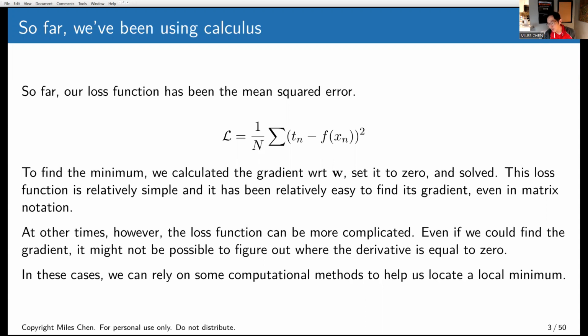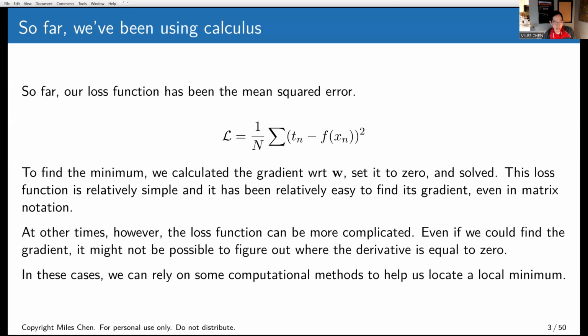So maybe not impossible, but really, really tough. Sometimes it's impossible, sometimes it's just really hard. And so instead of trying to set it equal to 0 and solve, what we'll do is use a computational method. And the computational method that we will look at today is gradient descent.